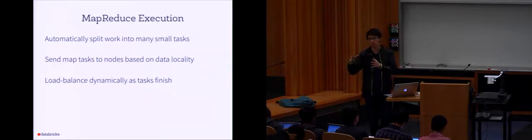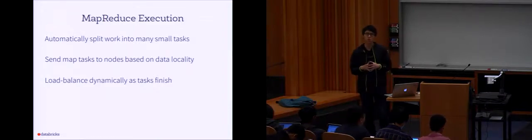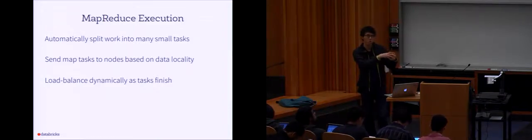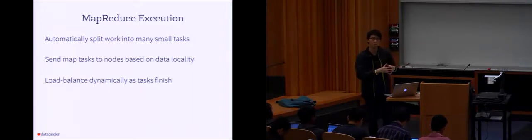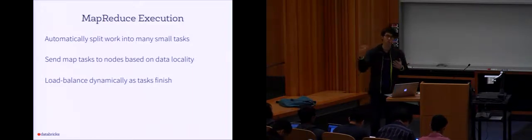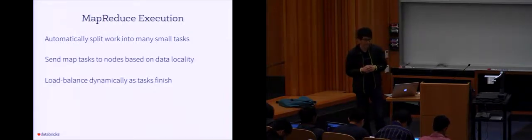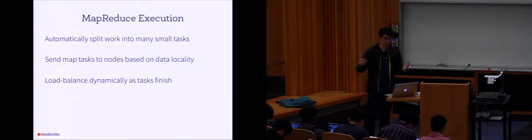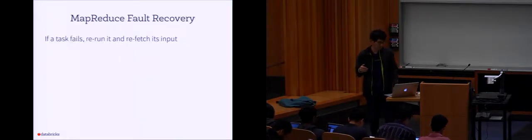For example, if you have a task that's reading block 1, the underlying framework will try its best to send that task to the node that has block 1, so you can read directly from the local node rather than reading it through the network. Network, I think back then, was still much slower than disk. And there's a lot of other things we do, for example, we try to balance and mitigate stragglers.